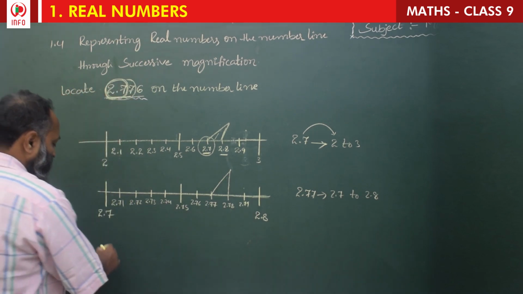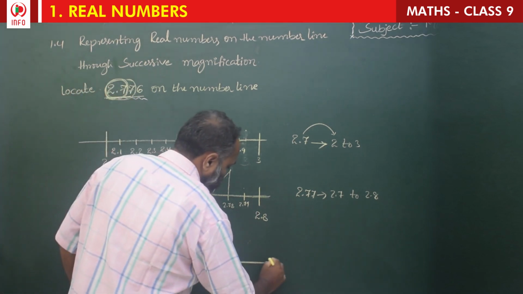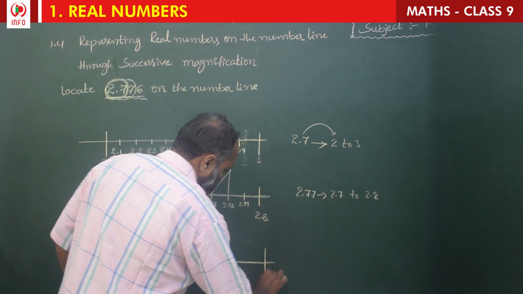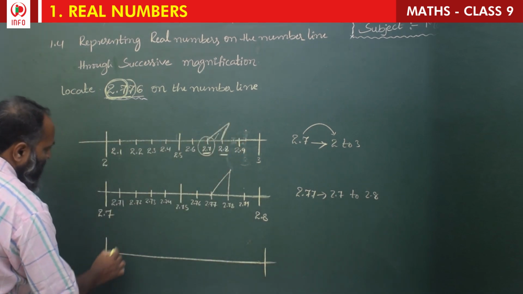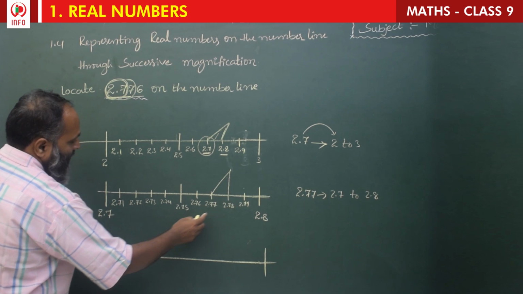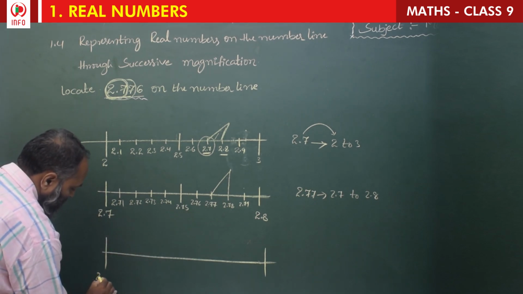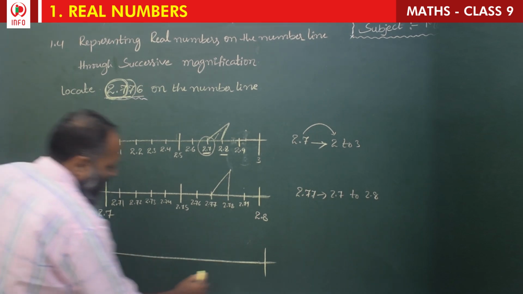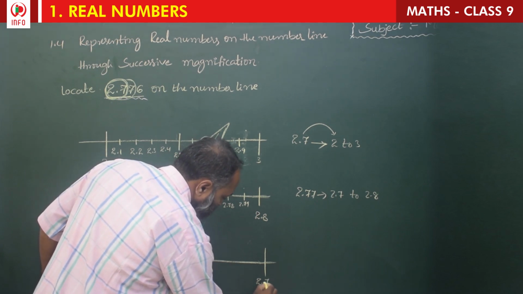So now again we should take a number line. Our number is in between 2.77 and 2.78.